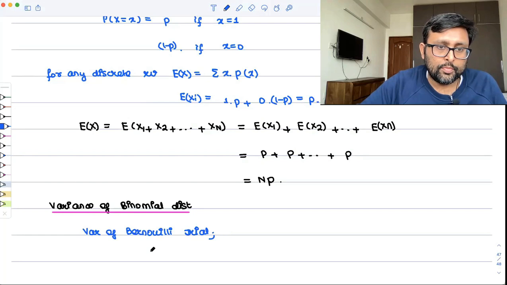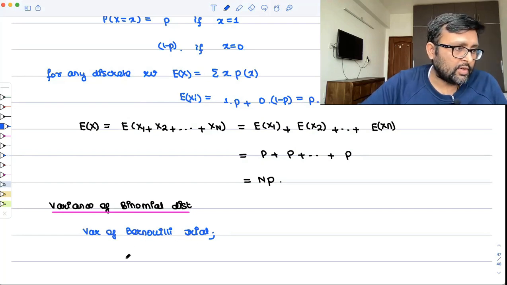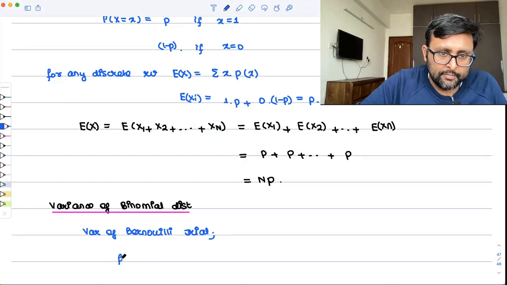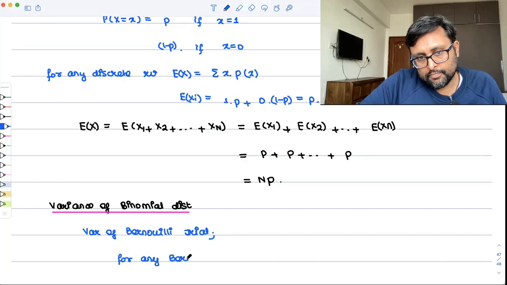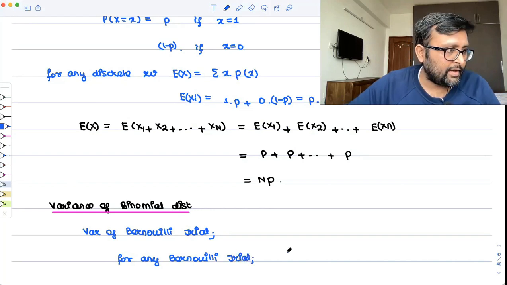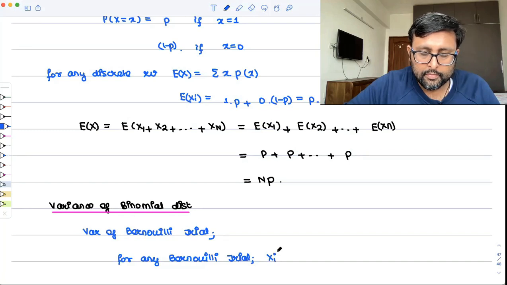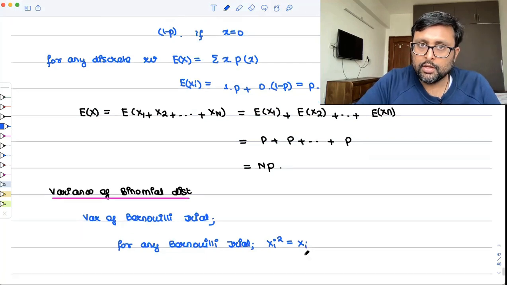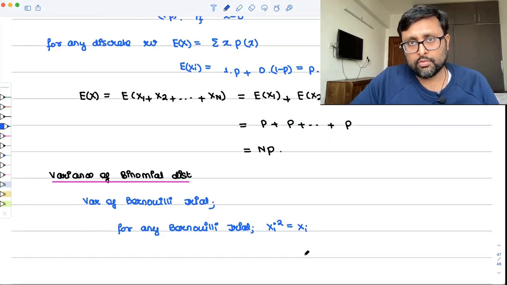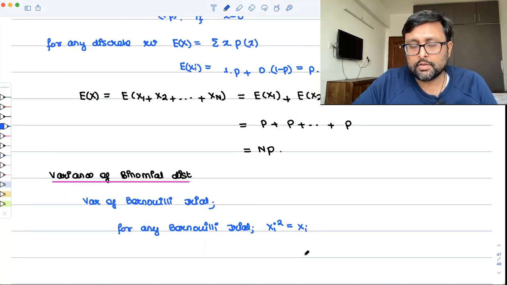I'm first finding the Bernoulli trial variance. So for any Bernoulli trial, xi square is equal to xi, because xi can take only two values, 0 and 1.